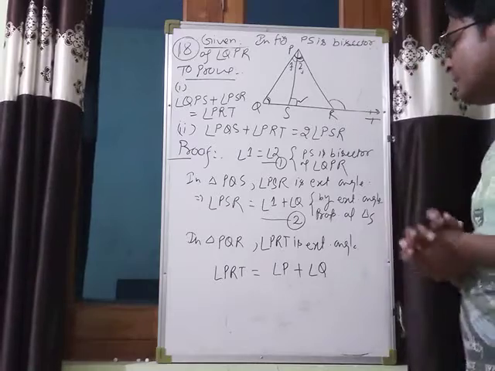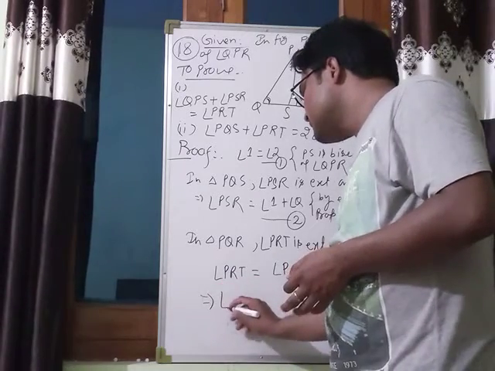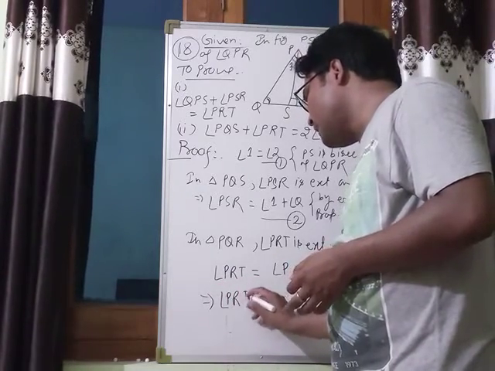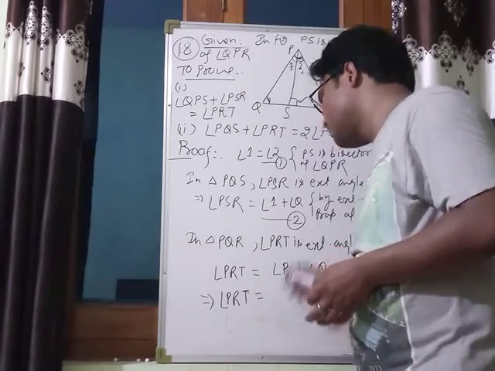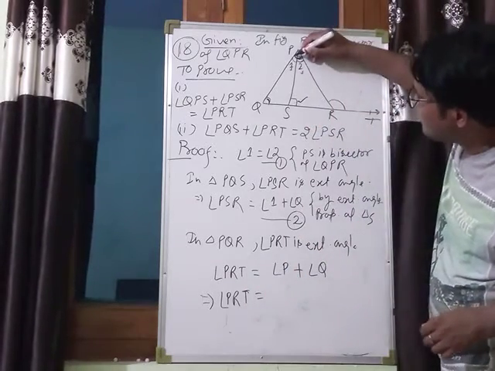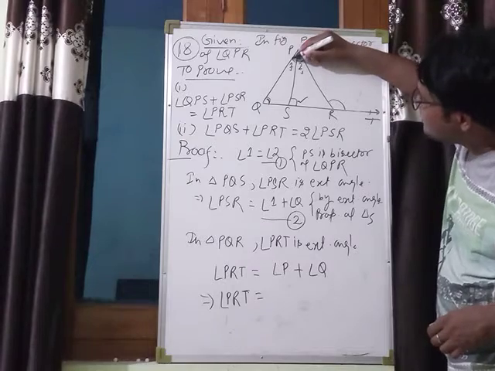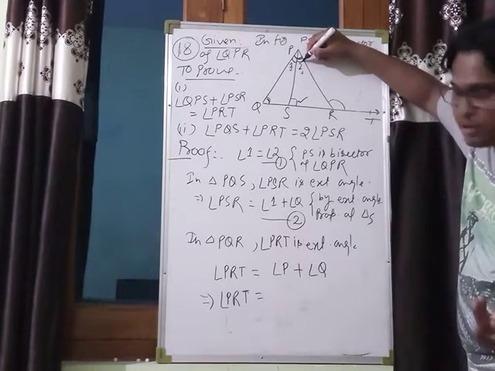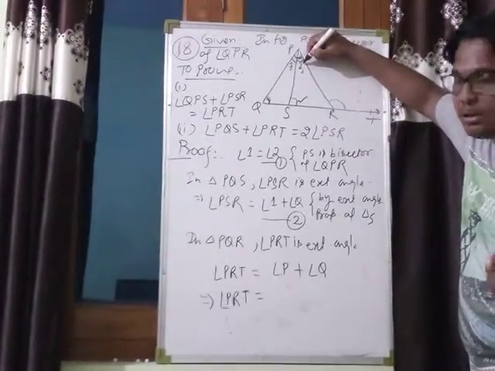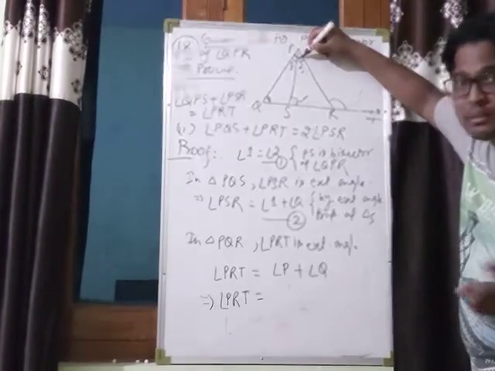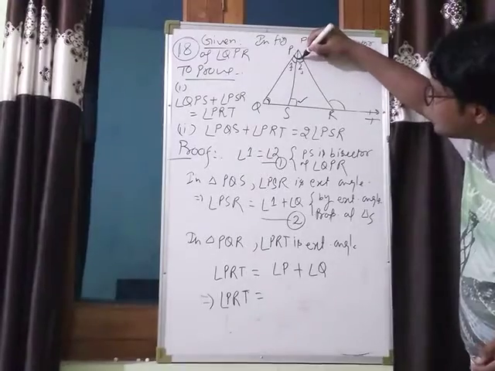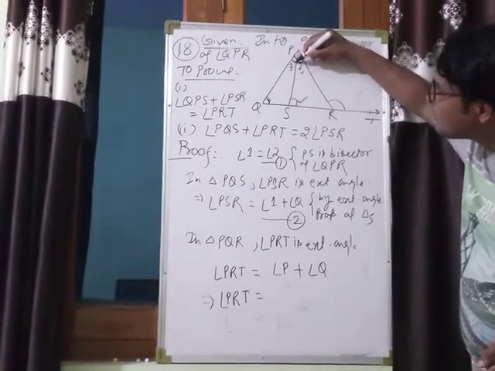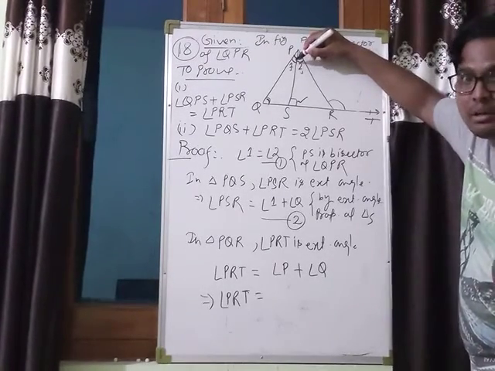Okay, now see, this is PRT, and everyone look at the blackboard very carefully. See, this angle P will be what? If this angle 1 is 30 degrees, this angle 2 will also be 30 degrees, because angle 1 and angle 2 both are equal. Then angle P is 60 degrees, which means angle P is twice of angle 1.